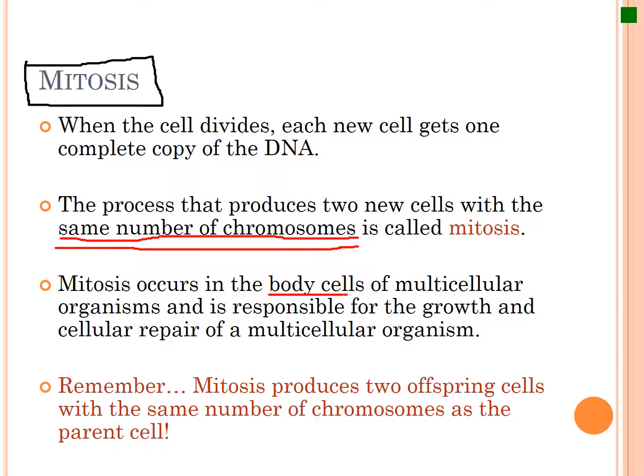It happens in the body cells of multicellular organisms and is responsible for the growth and cellular repair of a multicellular organism. Whenever you have damaged cells and cells need to repair, they cannot repair without mitosis. Remember, mitosis produces two offspring cells with the same number of chromosomes as the parent cell. The same number, very important.